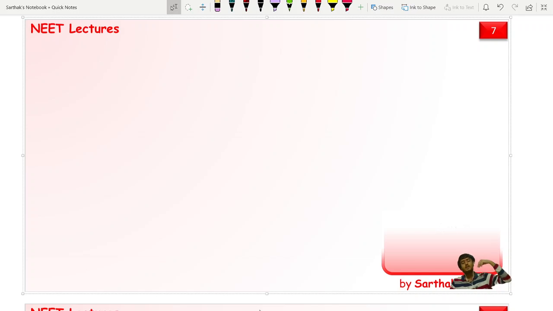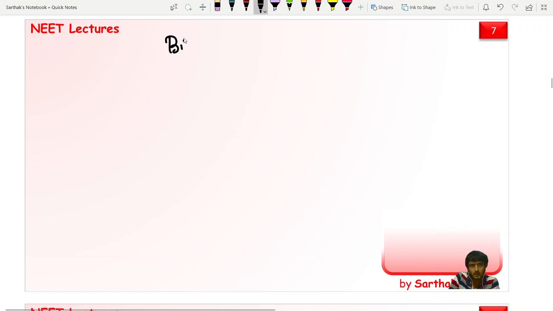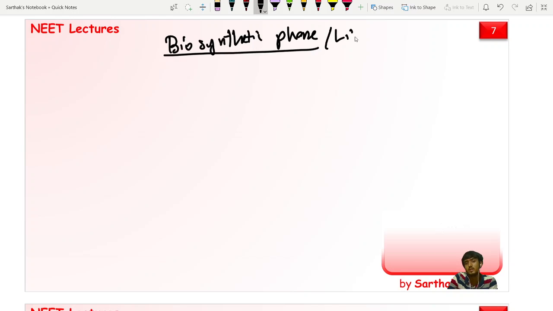So I am starting from the biosynthetic phase here. This is the biosynthetic phase, and this phase is also called the light reaction.